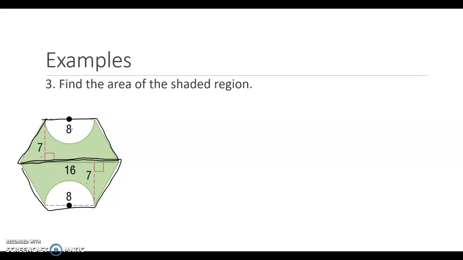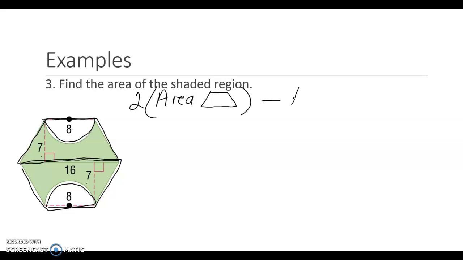And then from these trapezoids, we are going to take away or subtract two semicircles, which is going to be one whole circle. So I have the area of a trapezoid, and really I'm just going to multiply it by 2 because they're two identical ones. And then I'm going to subtract away that area of that circle.